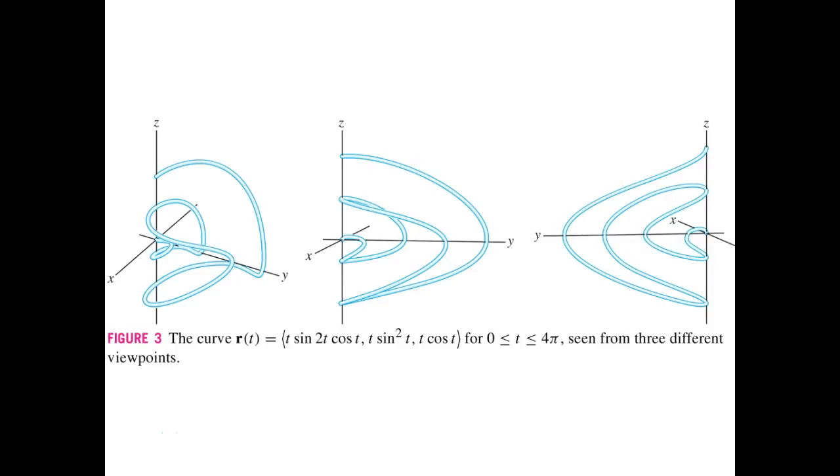So you can get a general idea of what's going on. Same thing here. This one tells me absolutely nothing. I get dizzy looking at that. But you still see that z does have 0, pi, 2 pi, 3 pi, 4 pi.